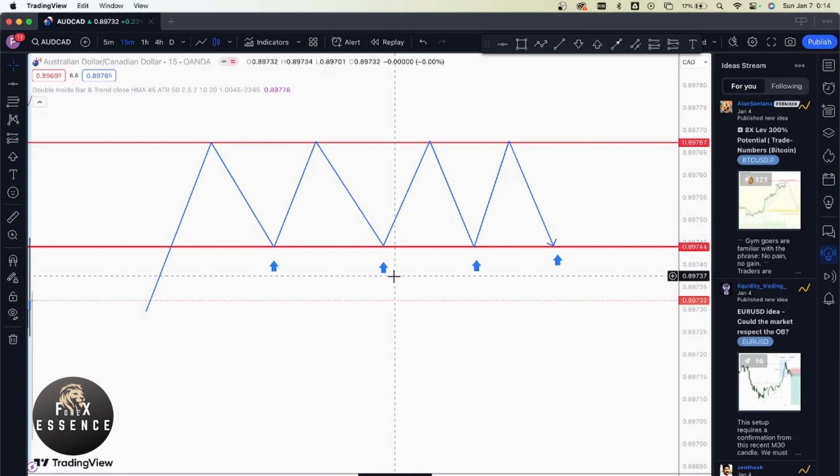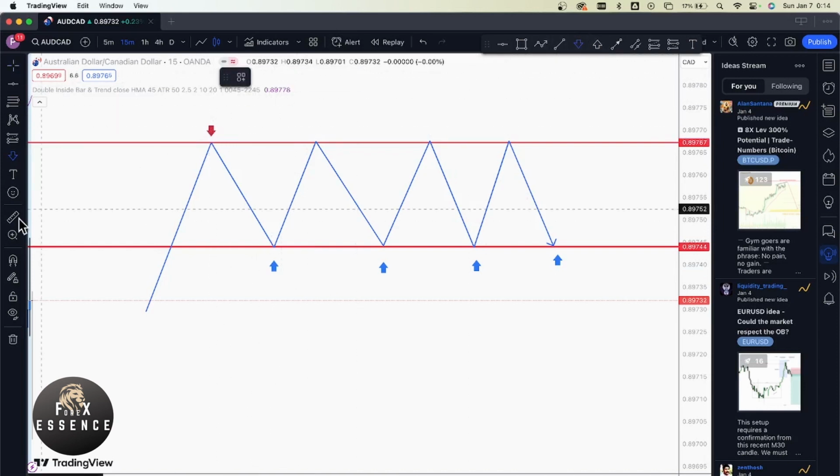I want you to imagine the market being a tennis ball. You throw a tennis ball onto the ground, it bounces off the ground, and then it rallies up, or it flies up. That will be your support level or your support area. It's the ground.